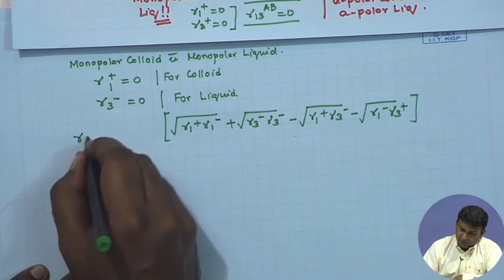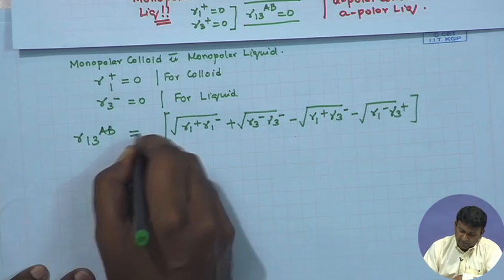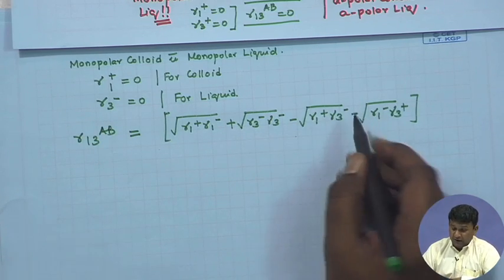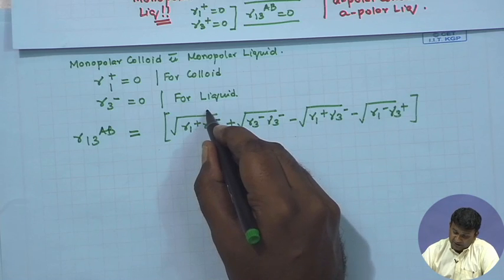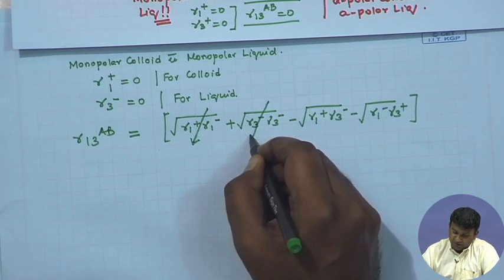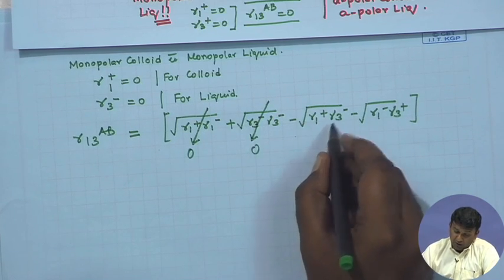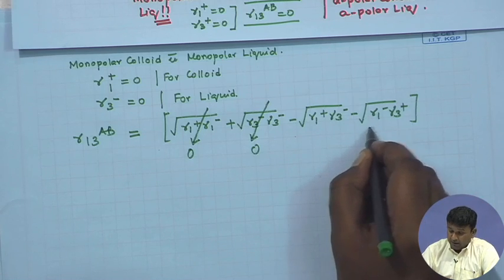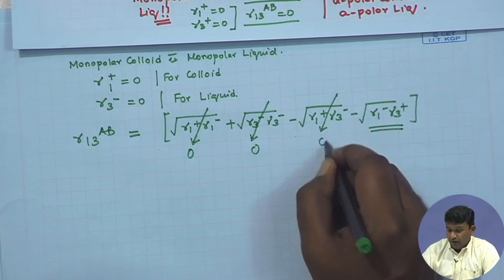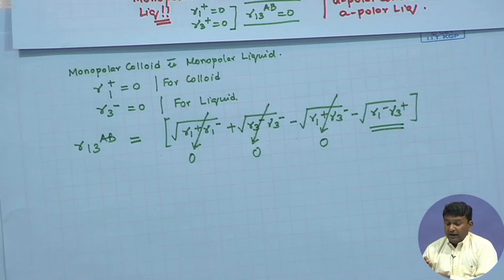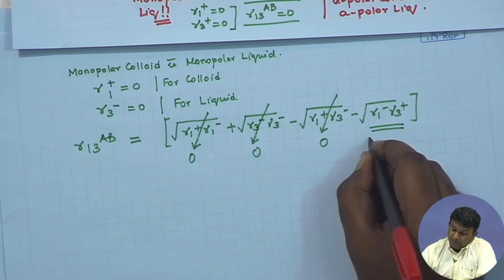This is the term corresponding to gamma 1,3 AB, and you will again find that this term does not contribute, this term does not contribute. However, there is one term which is non-zero.